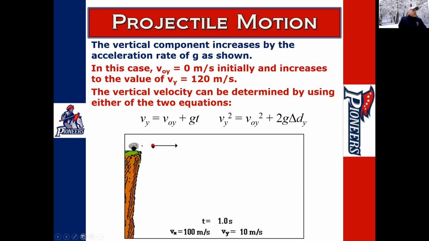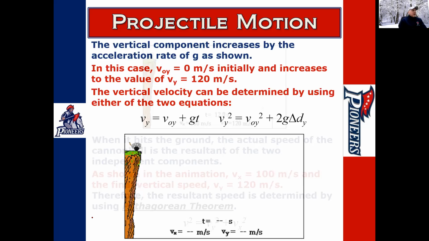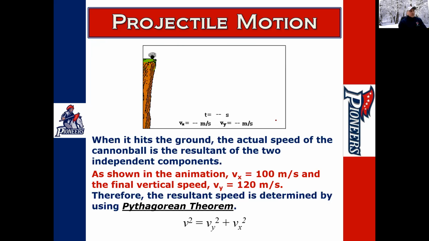Now, but what do we really want to solve for, right? And this is the new piece, is when it hits the ground right here, right? So you can see the values, Vx and Vy, but how fast is it really going, right? What I mean by that is, what is its final velocity? But before we started two-dimensional motion, we didn't have to worry about that because it was only moving in one direction.